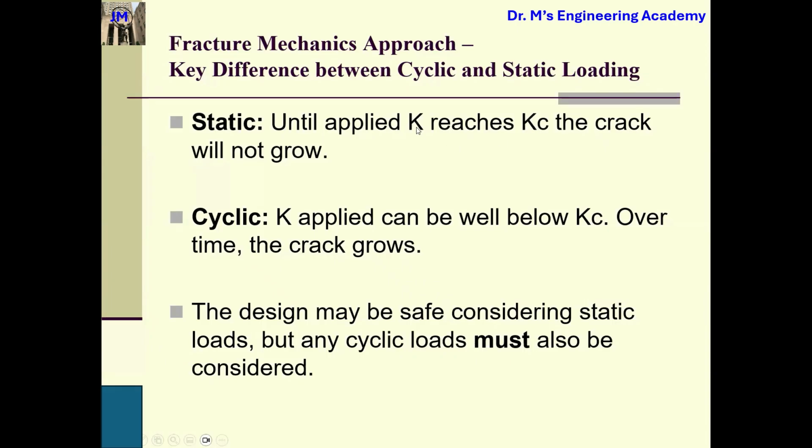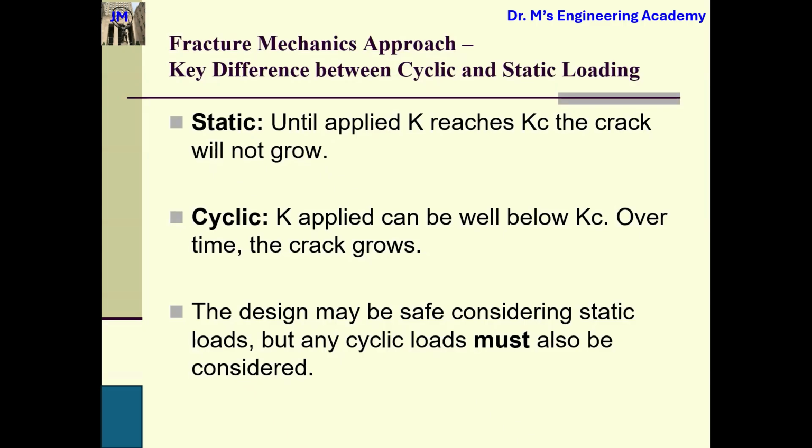Sometimes we use a number n as a safety factor. So K and KC. If n multiplied by K equals KC, we say this is the critical state. Usually we have the stress intensity factor, and the product of these two equals KC.